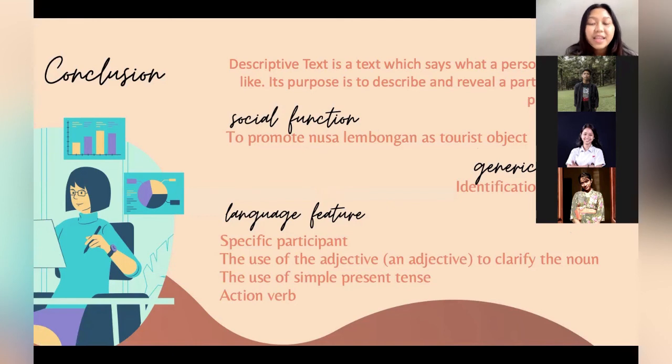So the last, language features. There are 4: specific participant, the use of adjectives to clarify the noun, the use of simple present tense, and the last, action verb. You also write the correct answer.